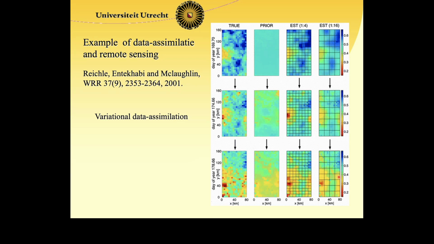But you can see that even if you have low resolution data, and you ingest them, you get much better estimates of the actual state than the model only. So you actually effectively downscale here using the model. You downscale by data assimilation. You downscale the observations of the satellite to get improved estimates of the soil moisture at a higher resolution.